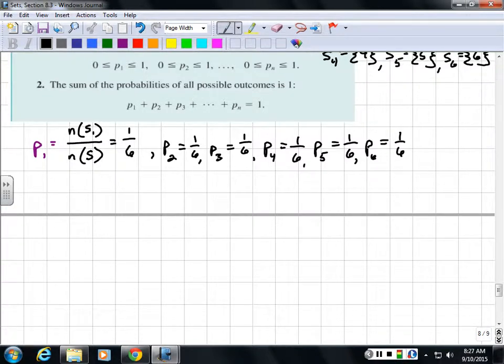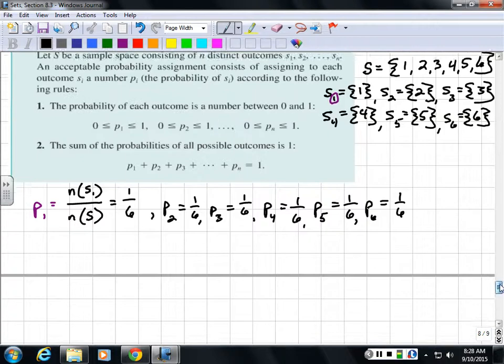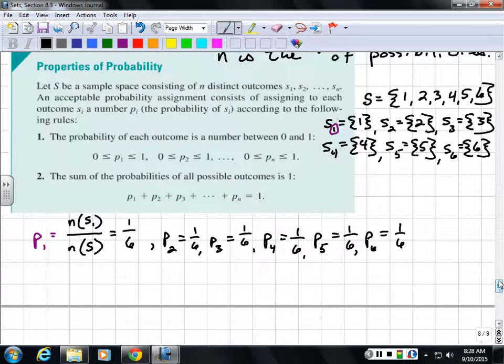What this whole theorem right here is saying is that if I take all the possibilities of the probabilities, so all the probabilities in the sample space, they will add to 1. If they do not add to 1, you've done something wrong, and or it's not a true representation of a sample space and all of the probabilities.